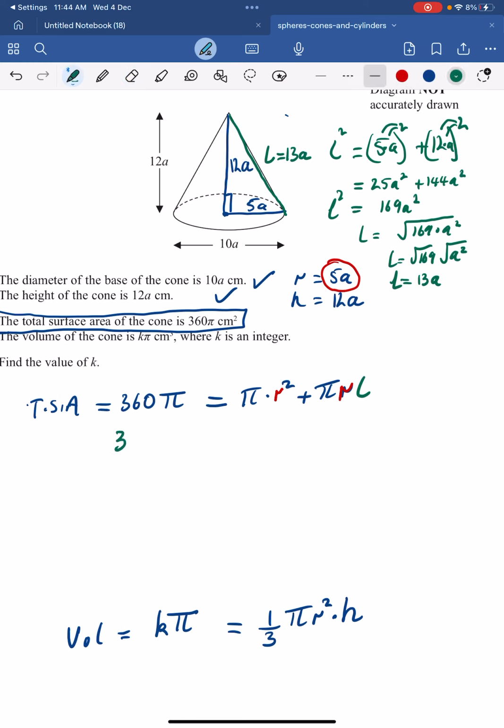So we've got 360 times pi is equal to pi times r squared. Well, r is 5a, right?